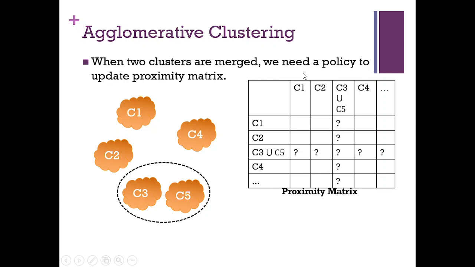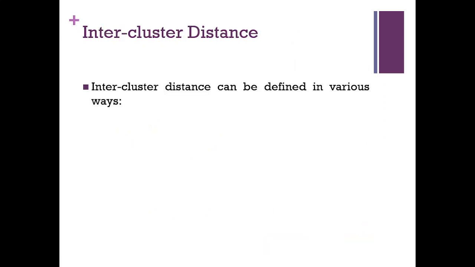So when the two clusters are merged, this new cluster's proximity from all the previous clusters needs a policy for updating the proximity matrix and computing that. And that particular policy is dependent on how we compute our intercluster distance.